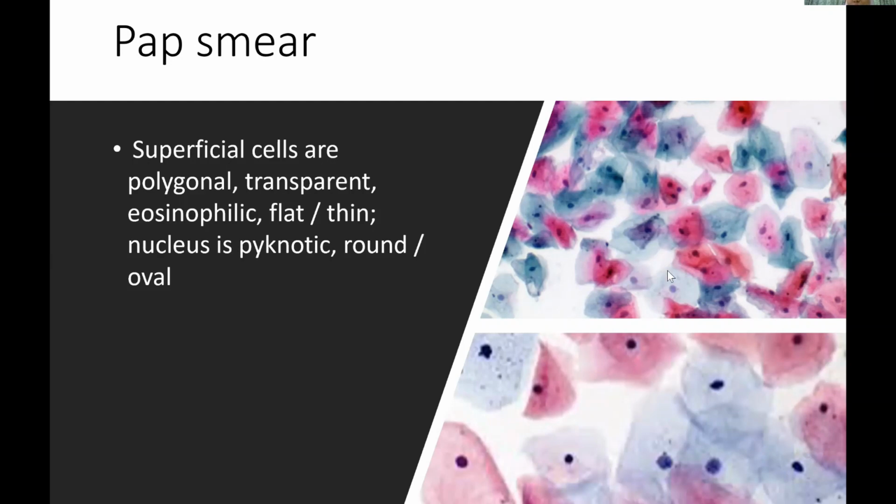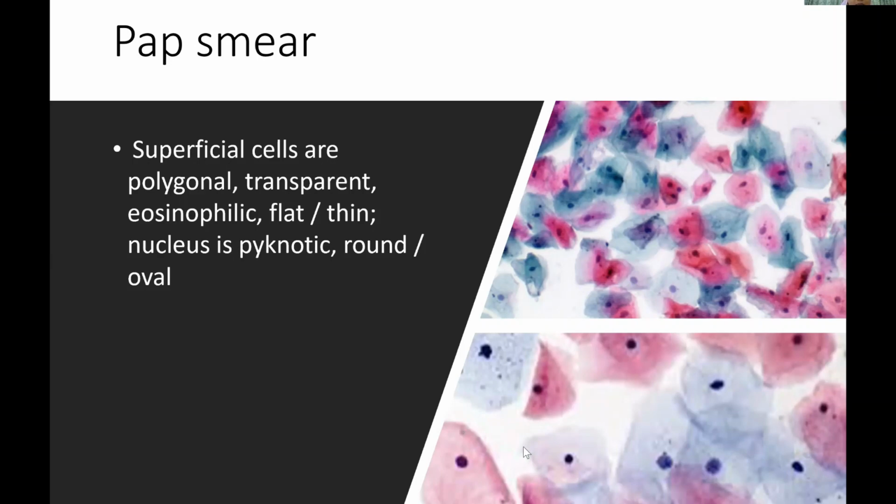For the squamous cells, we need to know the morphology of the ectocervix, because it has basal layers and superficial layers. Here, this is all superficial layer, because we can see very small dark nuclei with abundant cytoplasm.